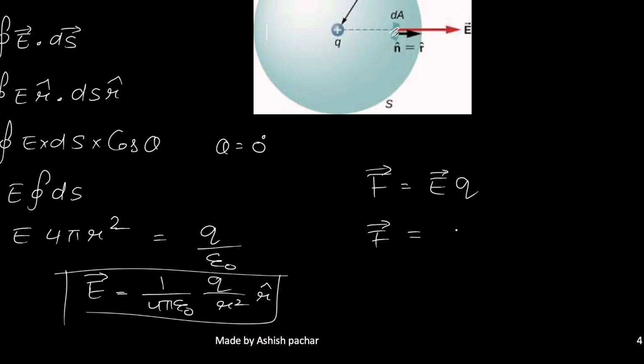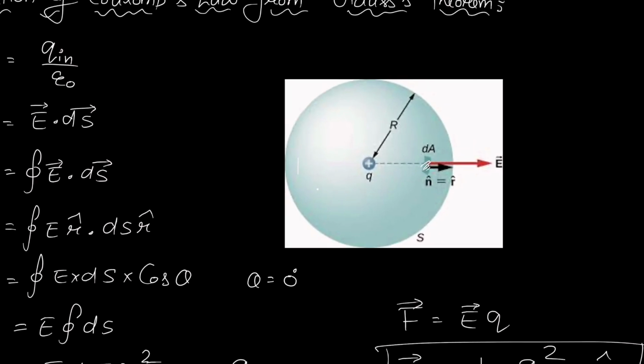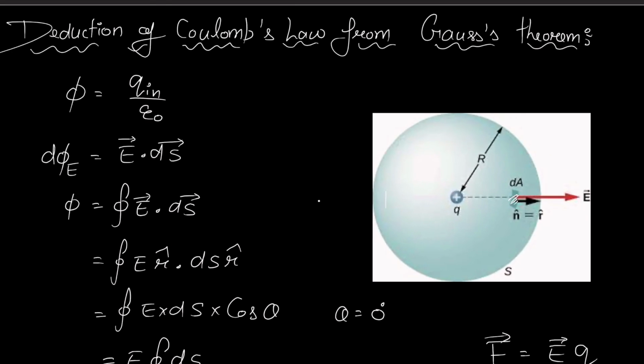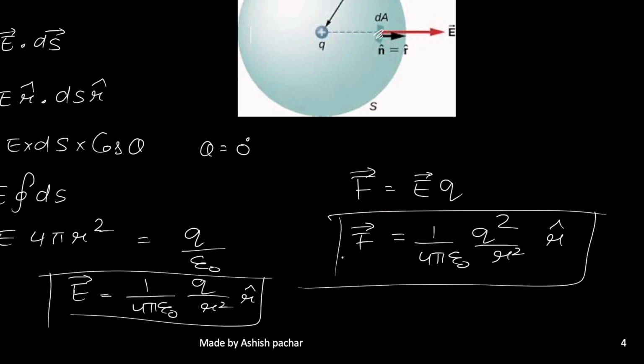If we put in the value, we get Qq by r square, and this is the Coulomb's law that we have stated. This is the simple derivation. By using the Gauss theorem, we can also prove the Coulomb's law.